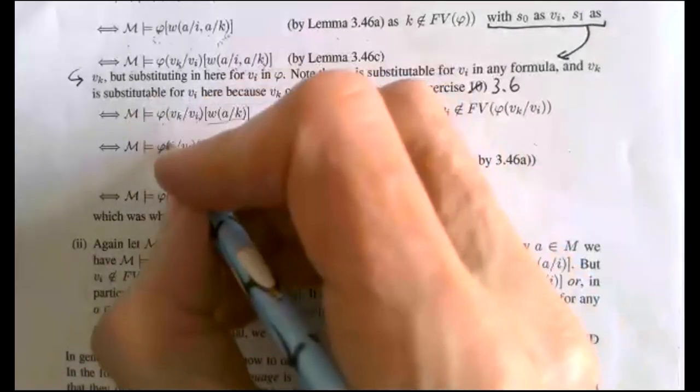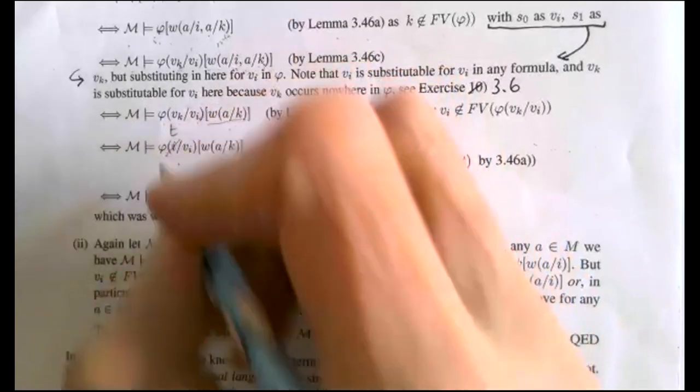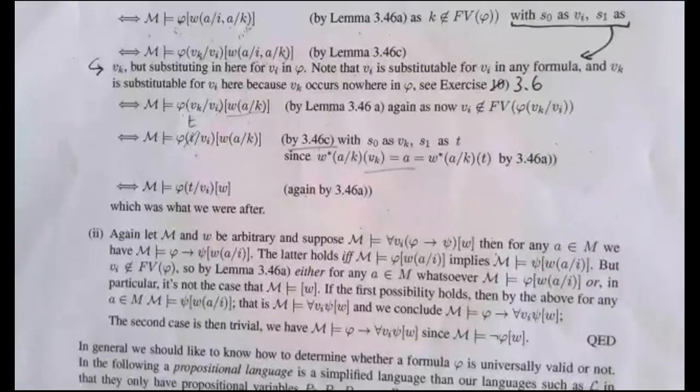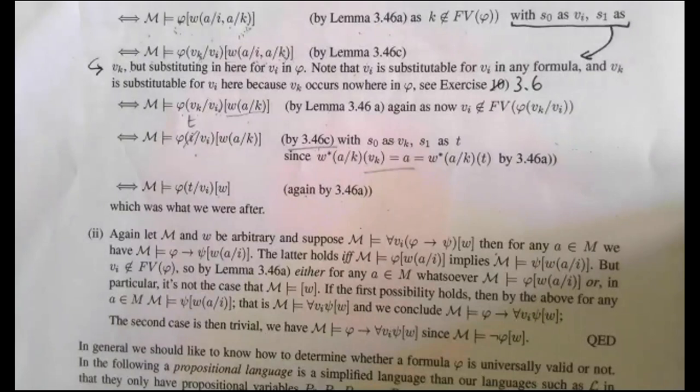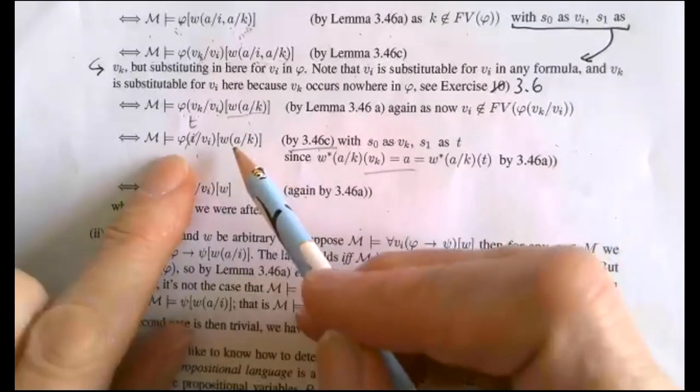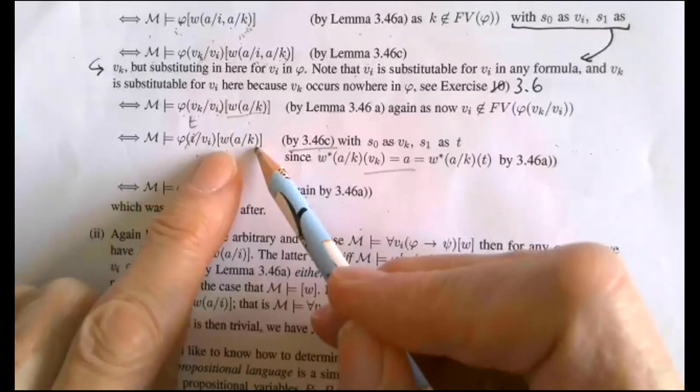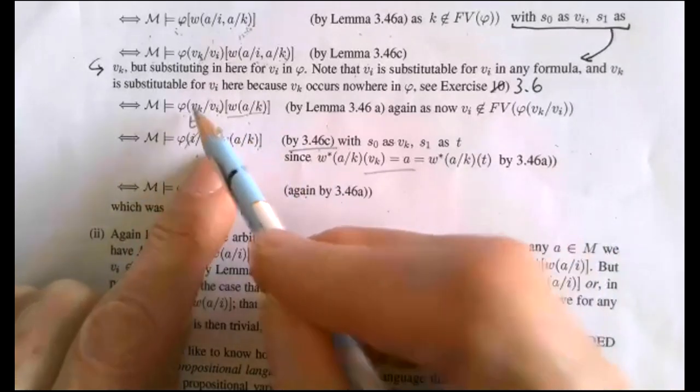I think this is T. Yeah, this valuation here gives the value vk a.